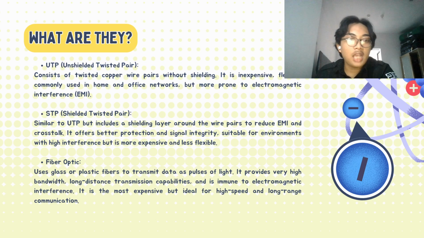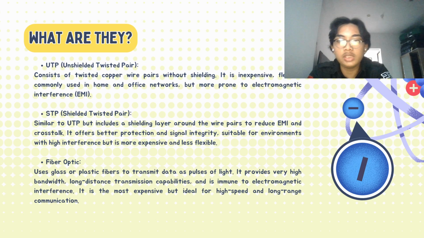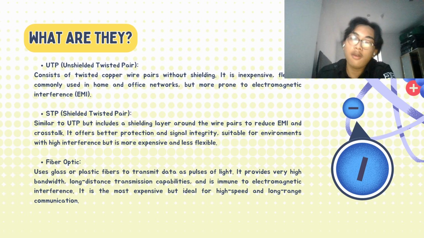And then there is STP, or shielded twisted pair, similar to UTP but including a shielding layer around the wire pairs to reduce EMI, or electromagnetic interference, and crosstalk. It offers better protection and signal integrity, suitable for environments with high interference, but is more expensive and less flexible.